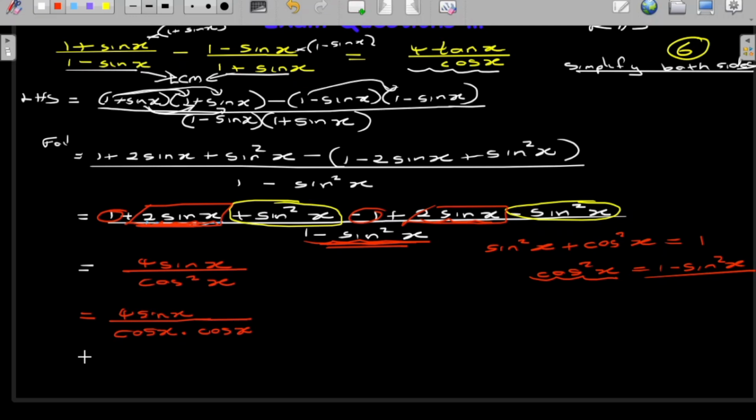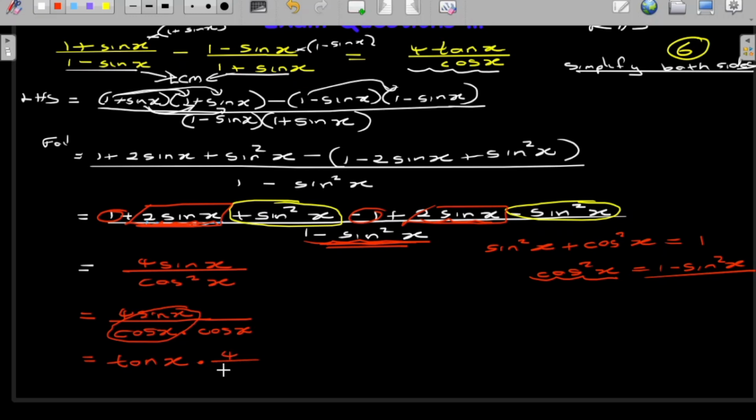Now if you want to separate it, you can separate it, because that's how you are going to understand it. And now what this means is that over there we have 4 sine x. Guys, this is multiplication, right? This is going to be equal to 4 tan x, right?